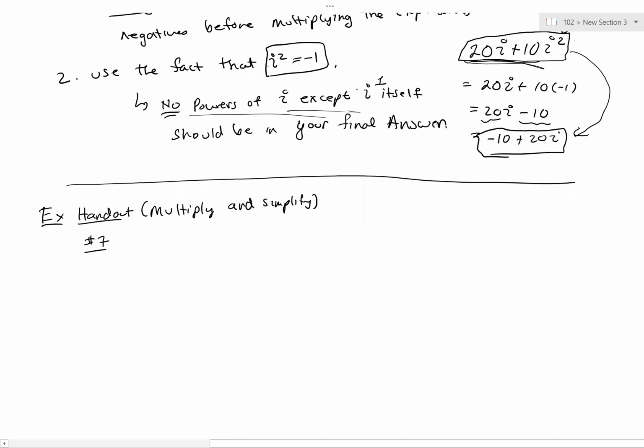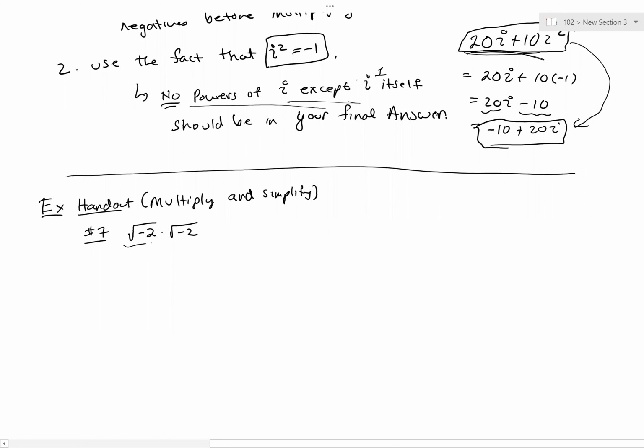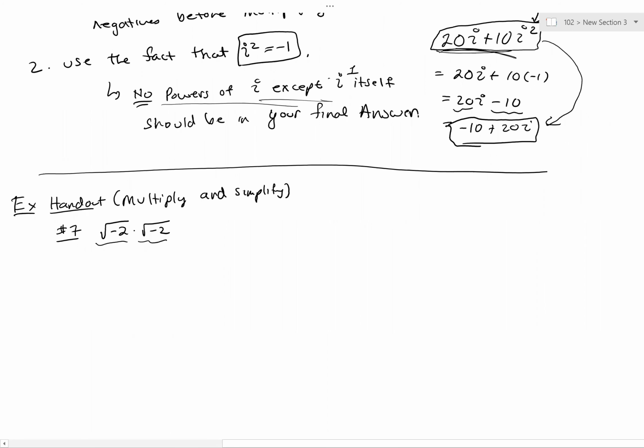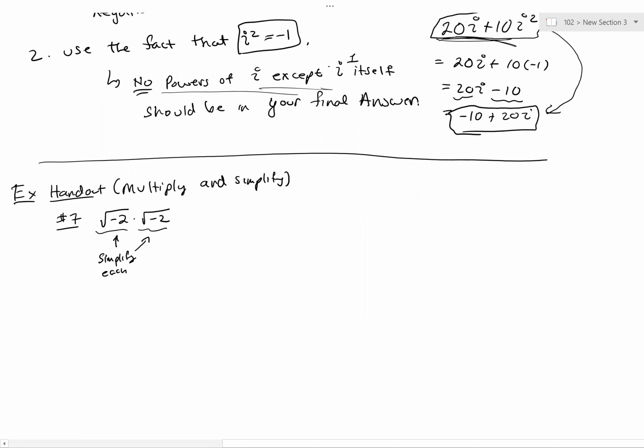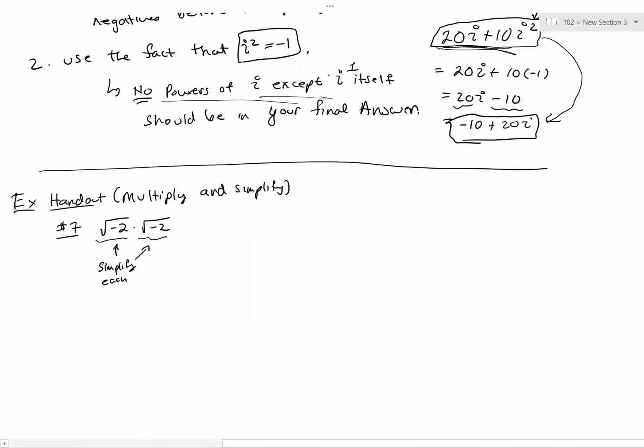So number 7 here, we have the following multiplication. We're multiplying the square root of -2 by the square root of -2. So what I'm going to do is simplify each of these radicals so that there's no more negatives contained in the radicand.